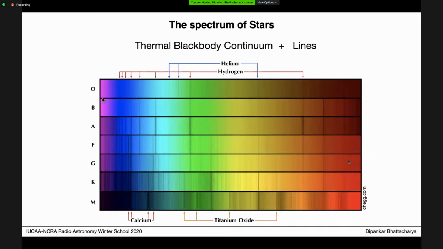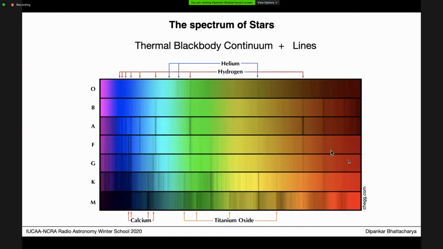So from the hottest, which is on the top here, to the coolest stars we know, we can see that the peak of the emission moves to longer and longer wavelength. The horizontal axis here is wavelength. So the peak brightness moves from blue to red as you go to cooler and cooler stars.